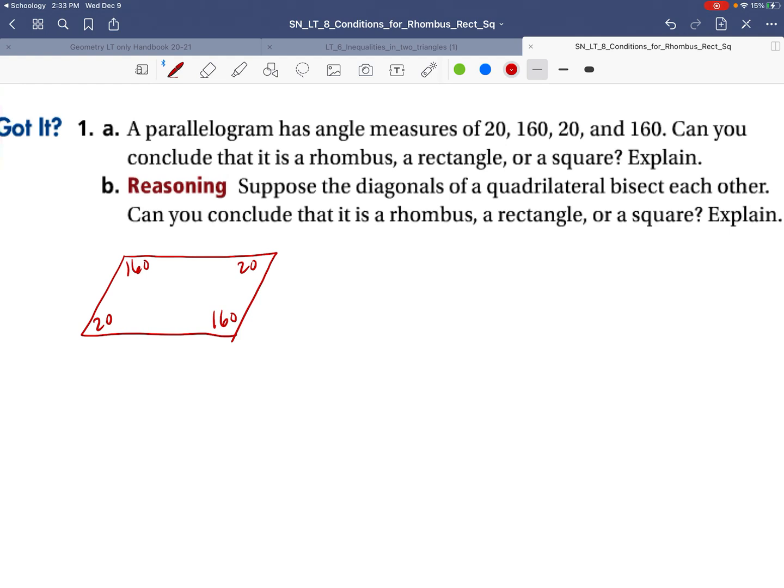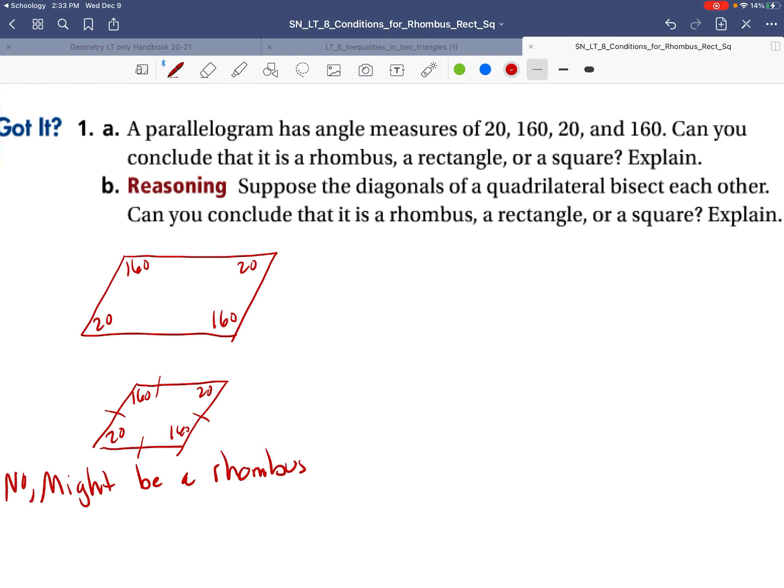This one's not. If I brought them in so that all four sides are congruent, it could still have 20, 160, 20, 160. So it might be a rhombus, but it might not. So can we conclude that it is? No. Here I could have these sides congruent and these sides congruent, and that is not a rhombus.